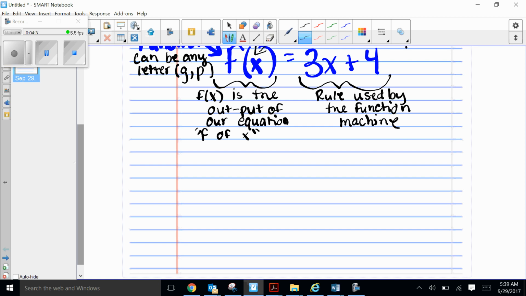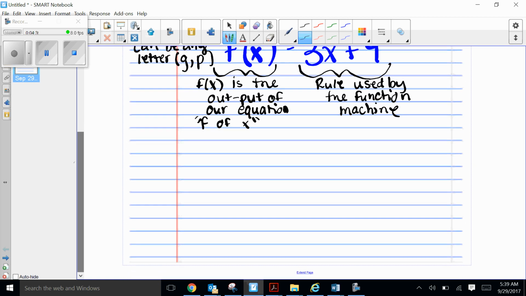Okay, so let's look at our function machine. I'm going to draw two function machines below, but before we do, we're going to talk about the purpose of our function machine and what it can help us look at.